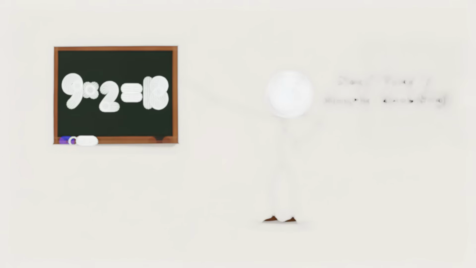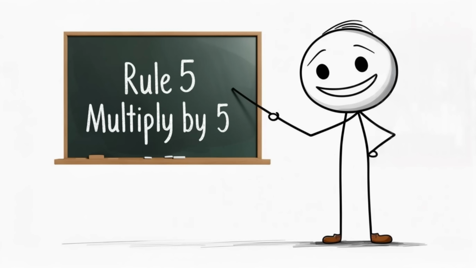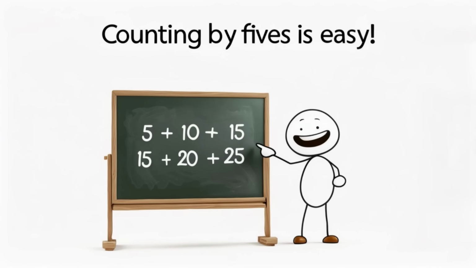Let's move to rule number 5, multiplying by 5. This one's all about rhythm. Counting by 5s is one of the easiest things ever. 5, 10, 15, 20, 25, 30, 35, 40, 45, 50, 55, 60.